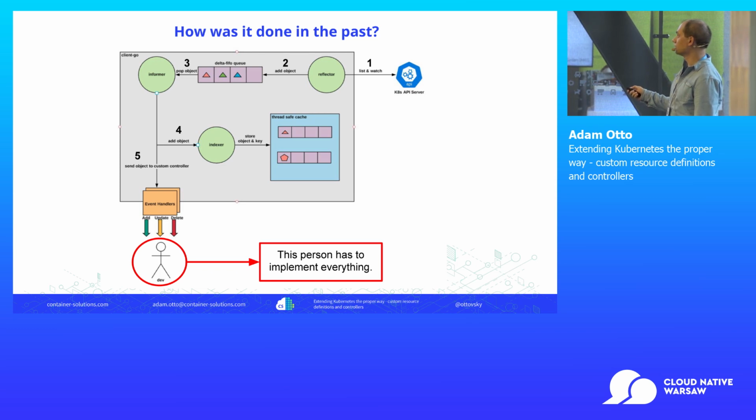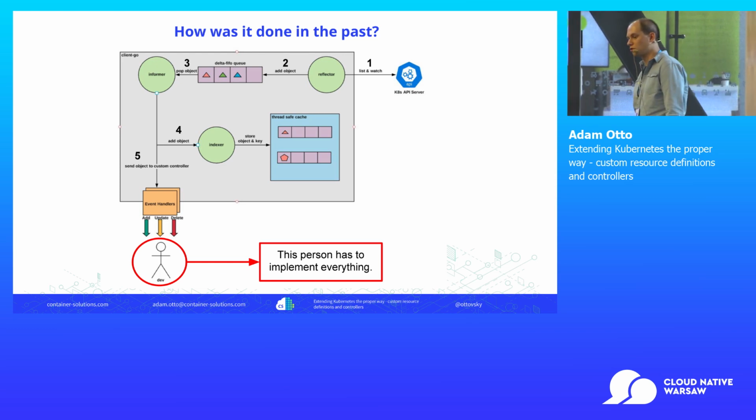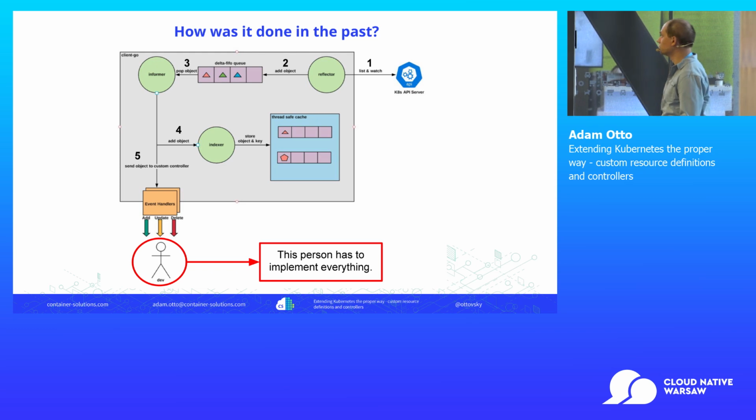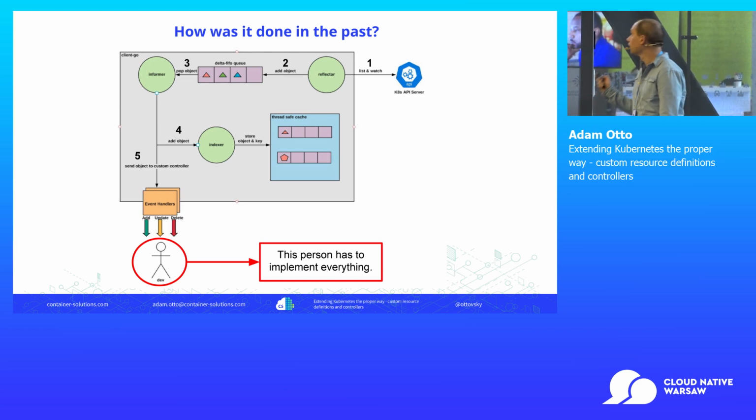The event handler was supposed to process three types of actions: addition, update, and deletion of the resource. So as developers, we had to implement those methods. In addition to this, we were responsible for implementing any additional work queue that we needed, error handling, or requeuing strategy. So the developer was responsible for implementing everything.